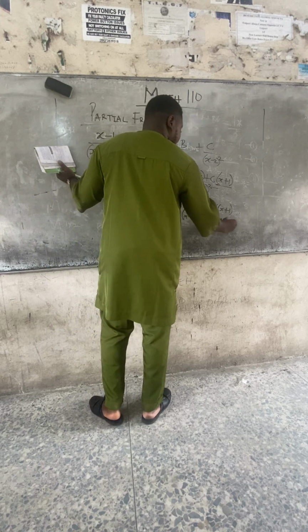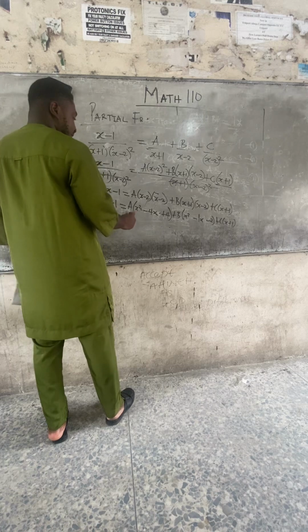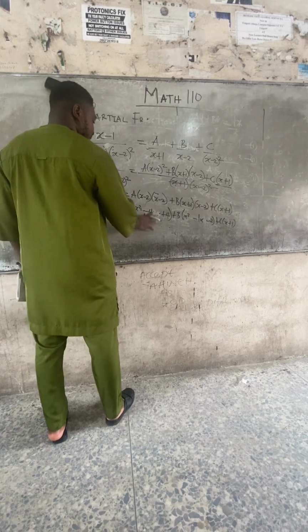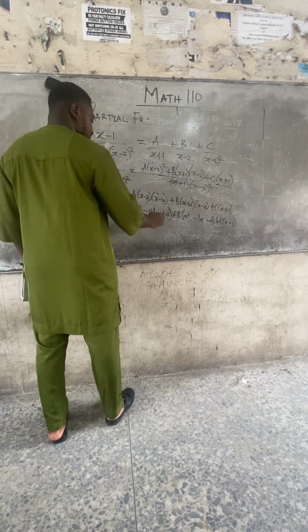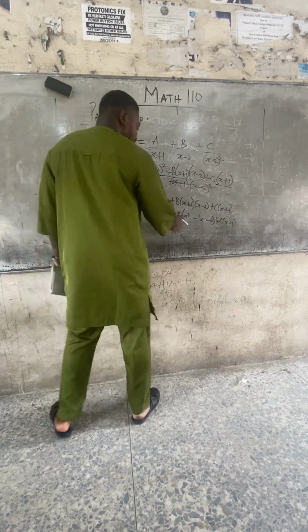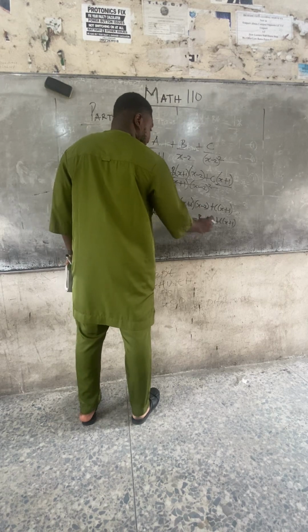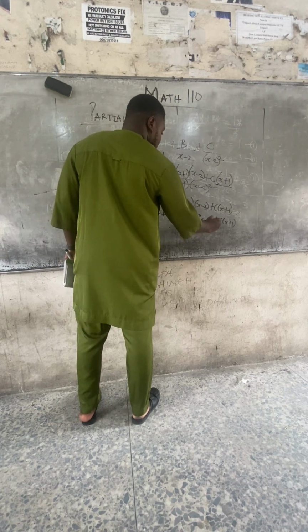Plus C into bracket x plus 1. Let's use A to open the bracket. We're going to have Ax squared plus 4Ax plus 4A. Let's use B to open the bracket. We're going to have Bx squared minus Bx minus B minus 2B.